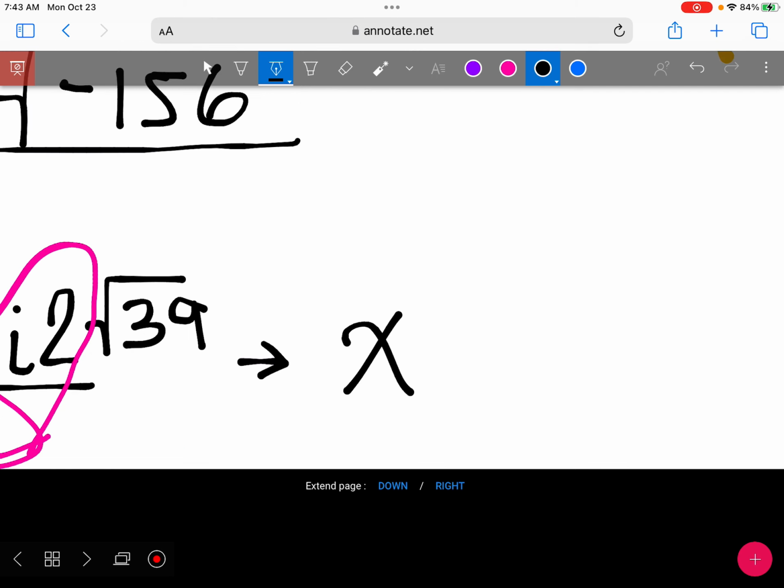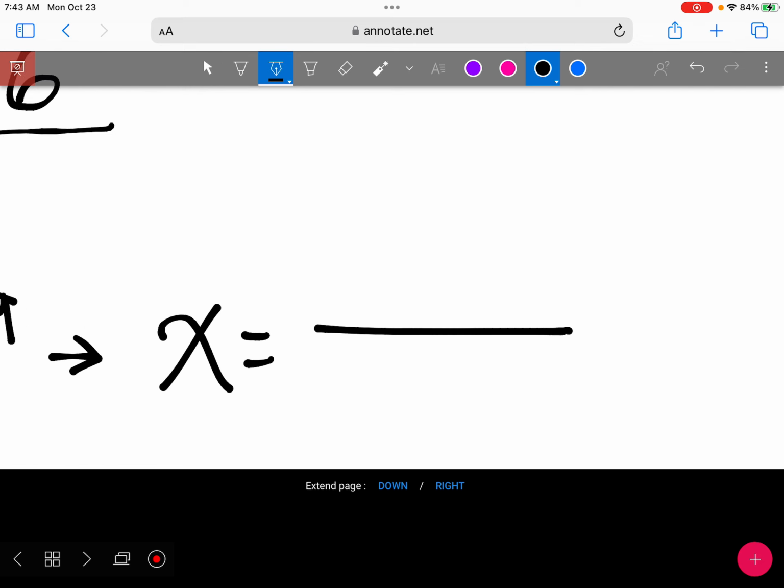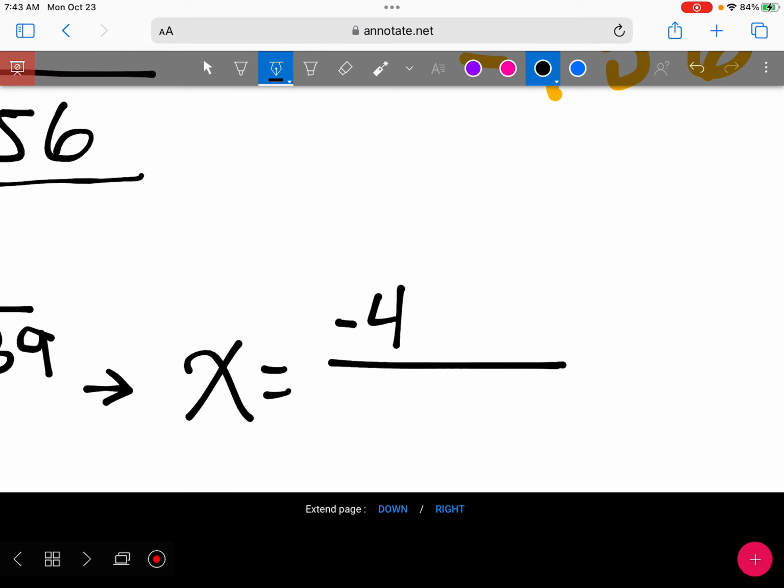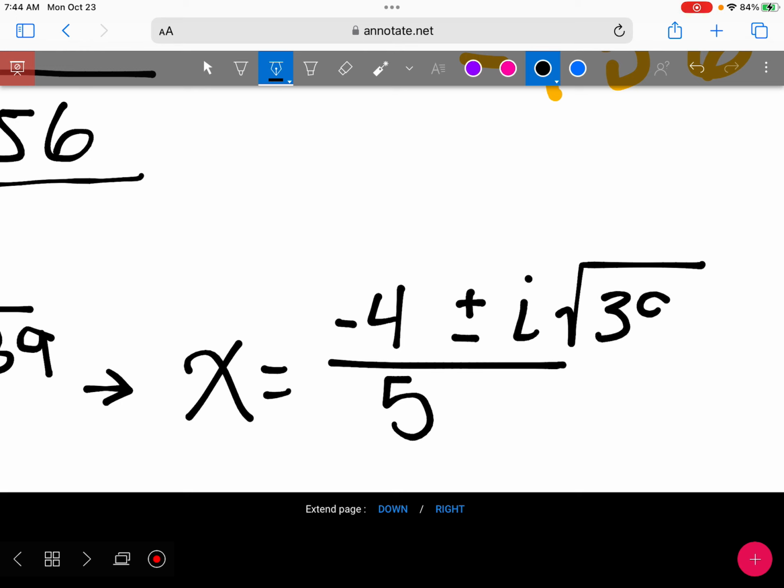So our fully simplified radical answer is, because 8 over 10, they're both divisible by 2, negative 4 fifths plus or minus, and the right-hand side, 2 over 10, both divisible by 2, i square root of 39.